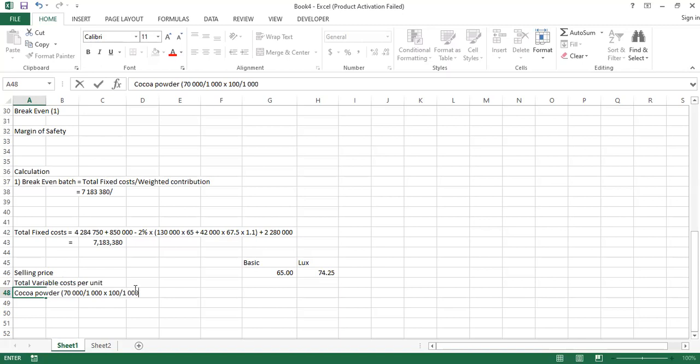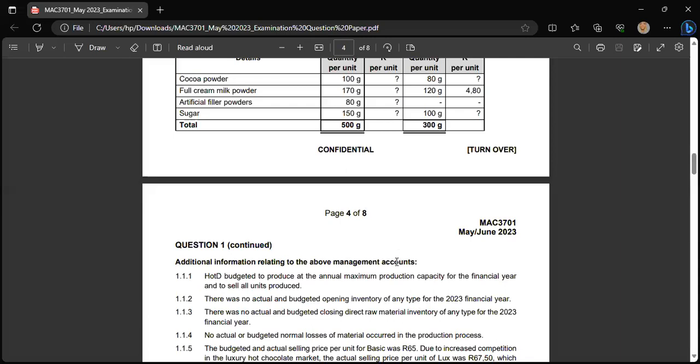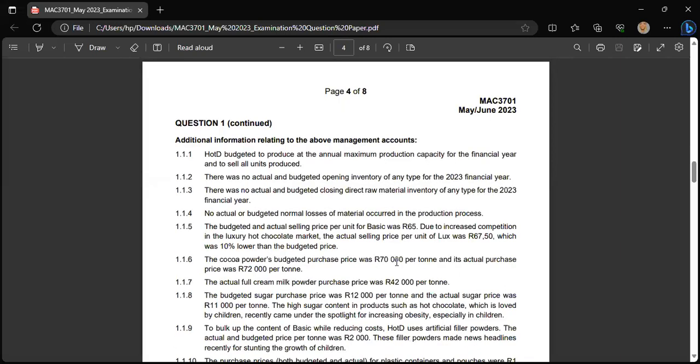So this first 1,000 here, we are reducing those tons to kgs. Let me just read that correctly, I don't want to miss anything here. If this is 70,000 per ton, a ton is 1,000 kgs.